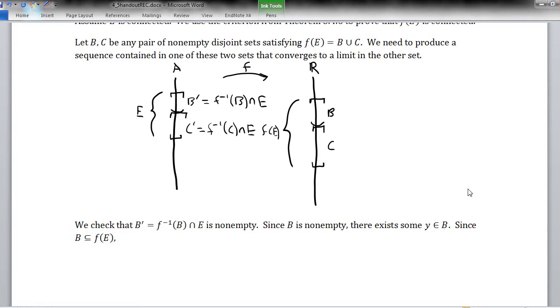So since that's true, and since y is an element of B, we have that y is also an element of f of E. Now what does that mean? Well, it means that there exists some x in the original set E such that when I apply f to it, it's equal to y.